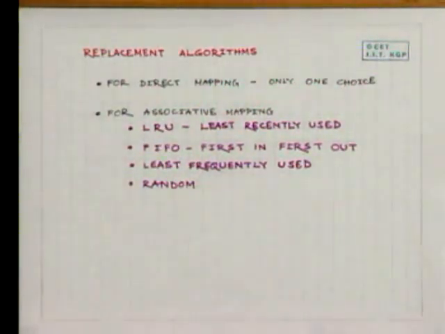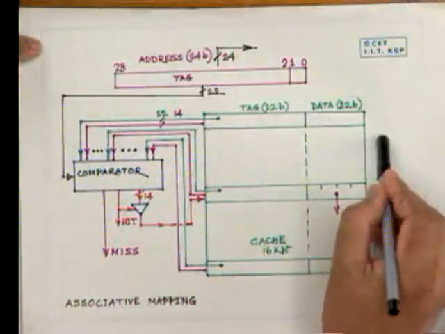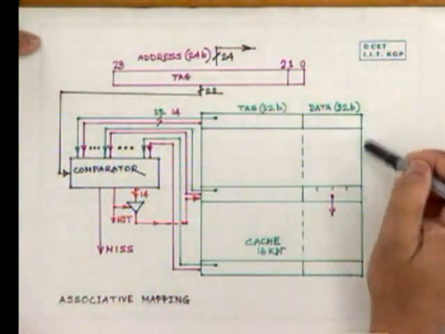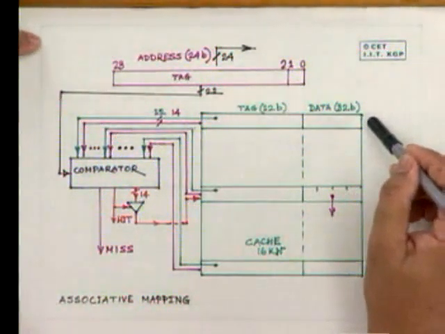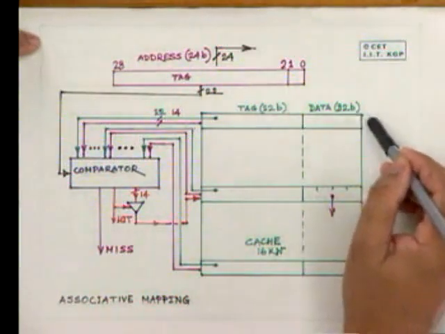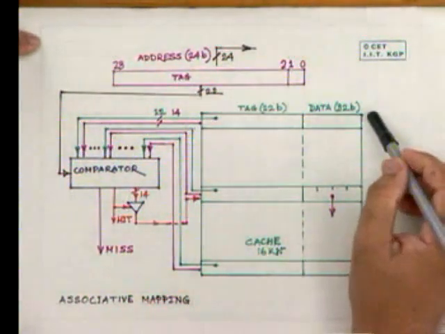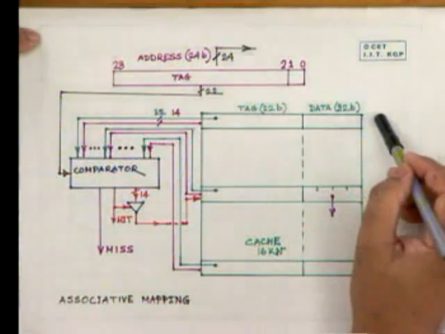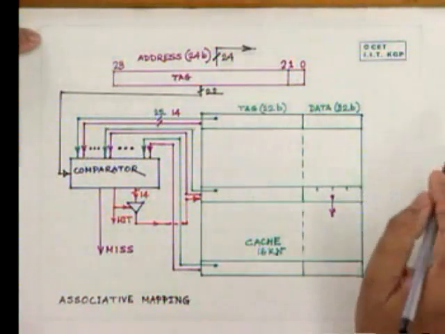Now, how do you detect, how do you find out which particular line has not been used recently? For that, what we possibly can do is keep a time tag with every line and start comparing the present time with the time that is tagged with every line, and the one which has the lowest time, that particular line is taken and thrown out.